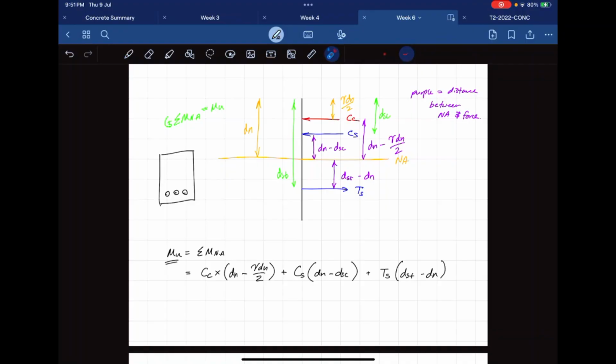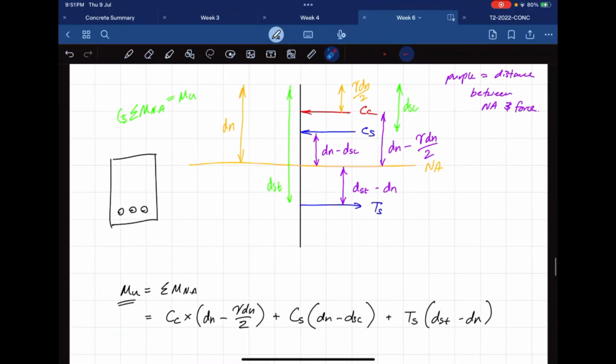Jen, a question for you: would the neutral axis rather be up here? Does it make more sense for it to be up here, or down here? Let's say we just have tensile bars. Would it make sense for the neutral axis to be down here somewhere, or up here somewhere?